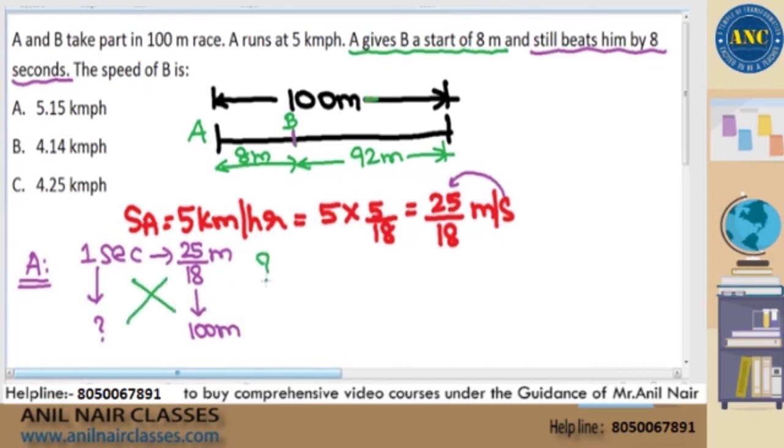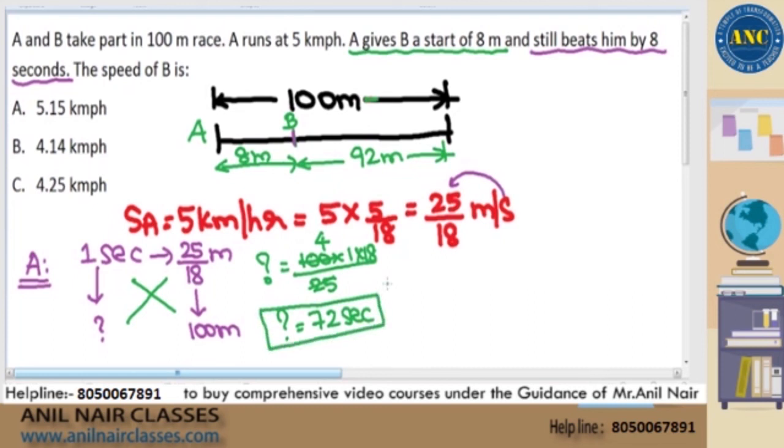So your question mark will be 100 into 1 divided by 25 by 18. That 18 will go above. So it is 25 into 4, 4 into 18 is 72 seconds. That means time taken by A to travel the entire 100 meters is 72 seconds.